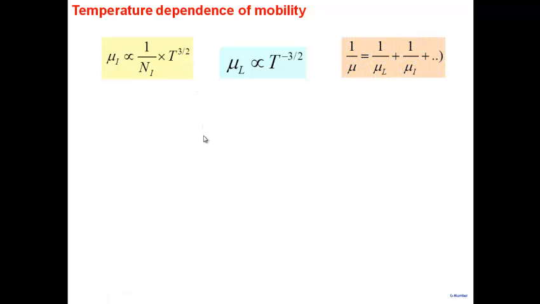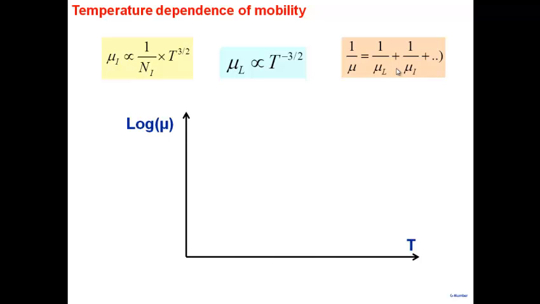Note that mobility adds up in this inverse manner here. So what one would expect is, suppose I were to plot log mu, deliberately log mu, because if I take log here, then log mu versus temperature will become a straight line. So log mu versus temperature. This part says mobility should increase with temperature.